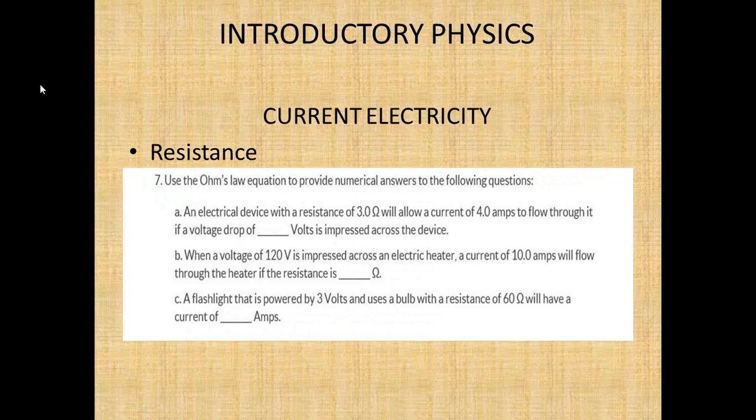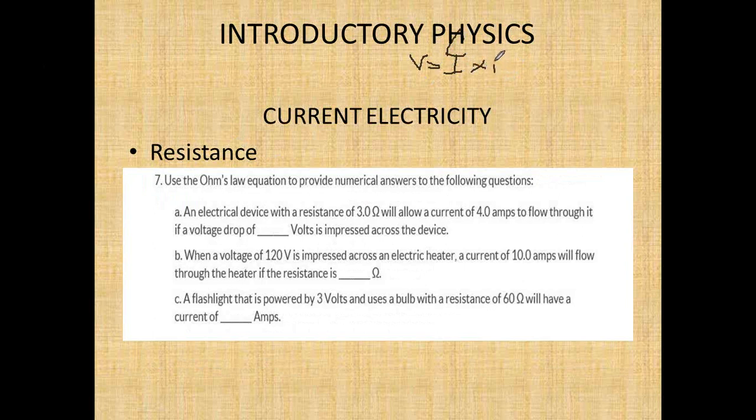So again, you're going to write your Ohm's law equation. V volts is equal to I, the current, times R, the resistance.